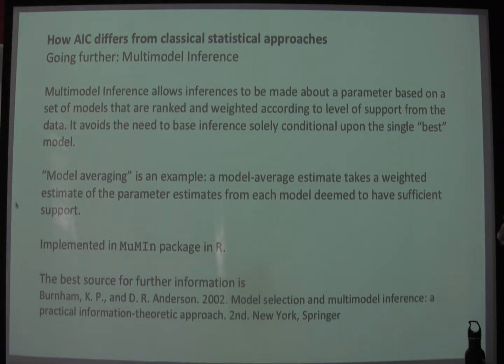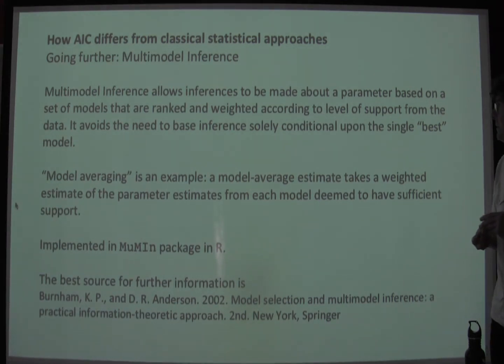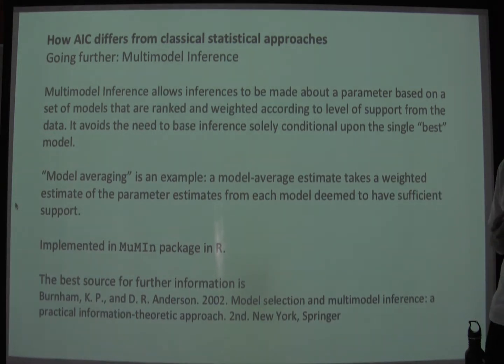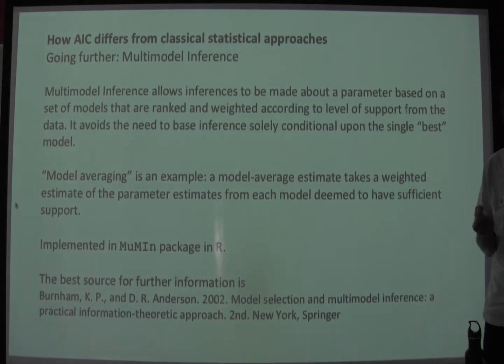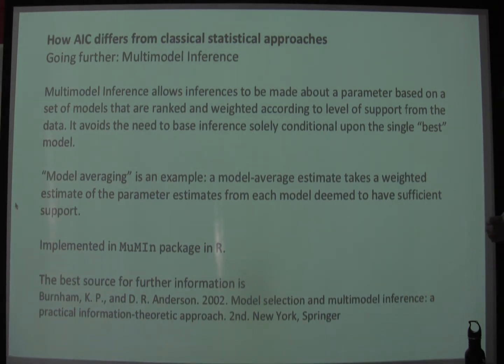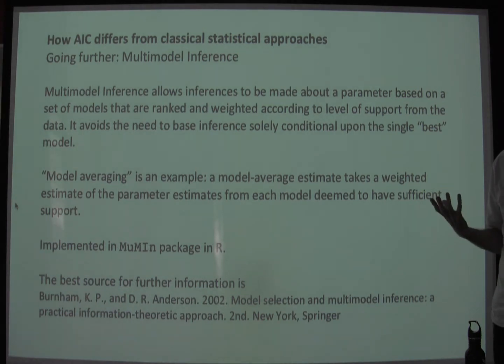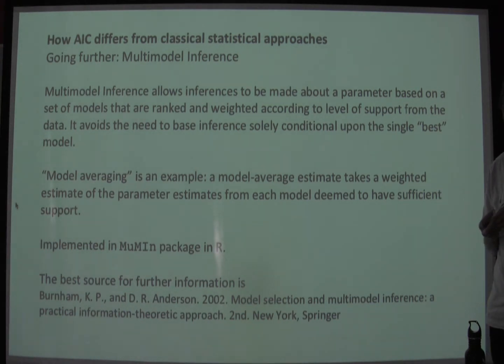Finally, I just want to mention something called multi-model inference, which you may have heard of. Sometimes what people are interested in is to estimate a parameter based on a set of models that somehow takes their uncertainty into account. Like, I want to know what the effect of latitude actually is, but I don't know which model is actually best, even if latitude is included in all of them. What is that coefficient?